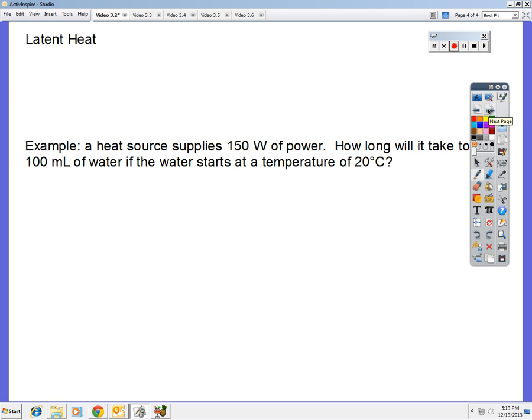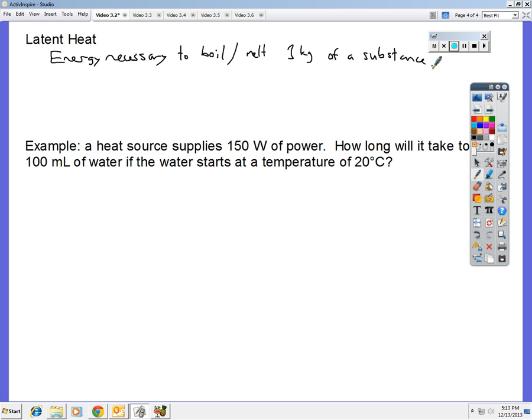And now, what we do need to calculate is this idea of latent heat. Latent heat is the amount of energy necessary to boil or melt, depending on what it is, 1 kilogram of a substance.